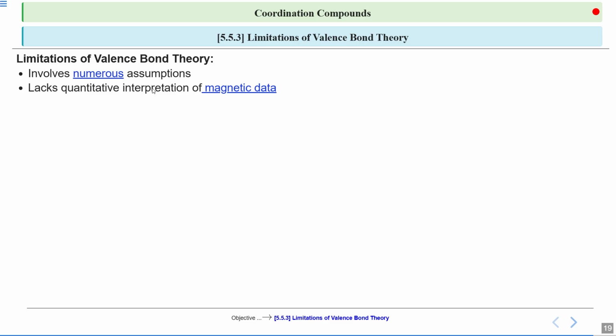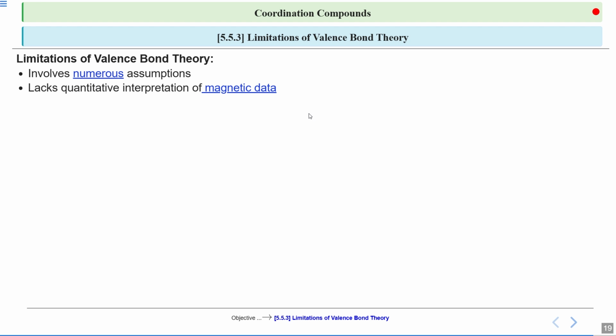Second, it lacks quantitative interpretation of the magnetic data. So the valence bond theory is largely a qualitative theory which struggles to provide quantitative insight into bond energies, spectroscopic properties or the magnetic data of the complex.